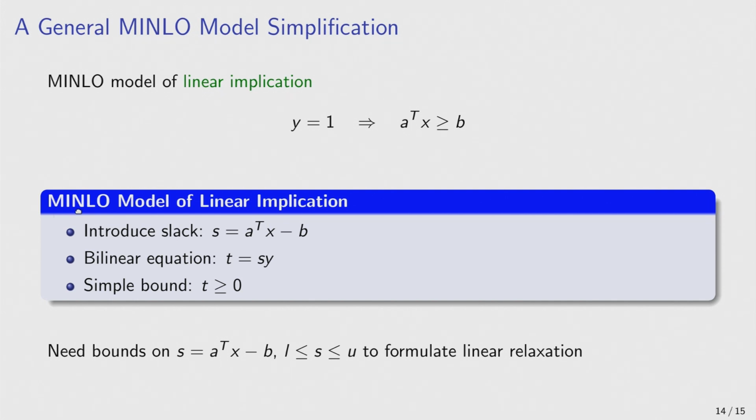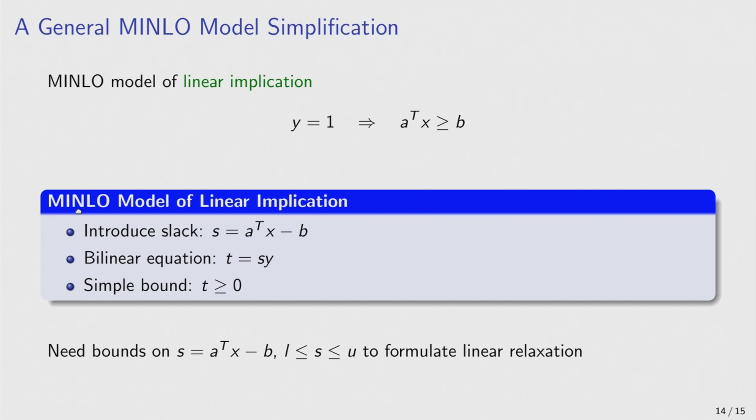And in order to make this work, I need bounds on this linear expression to formulate a linear relaxation. So again, I do this trick of creating a bilinear equation, but making it a small number of bilinear expressions, and then creating bounds to use a linear relaxation and do a new formulation.